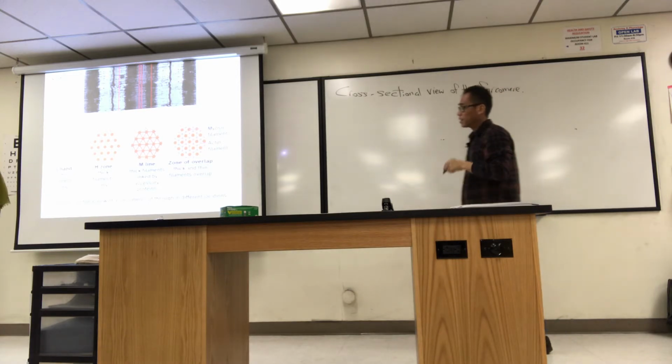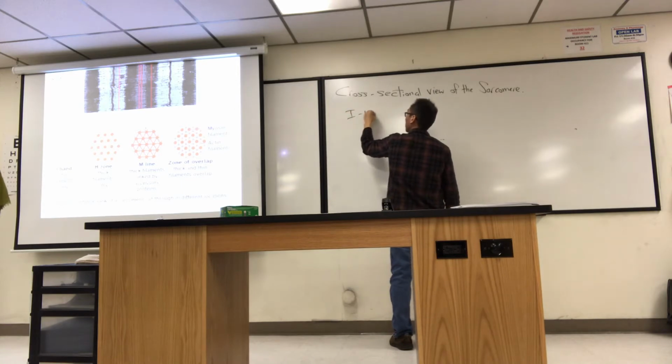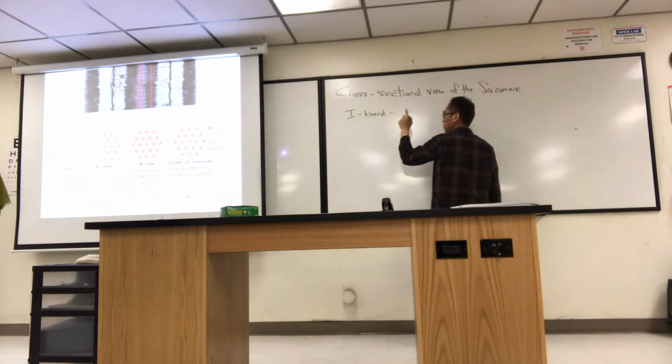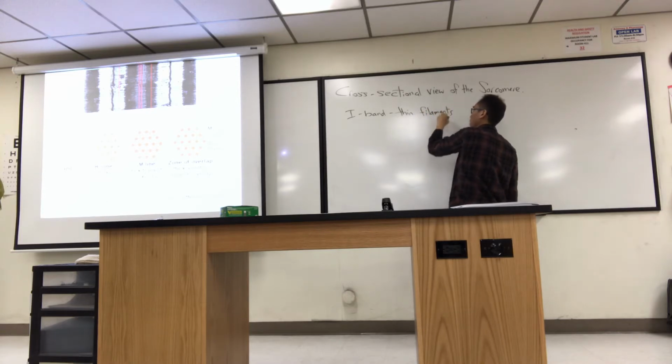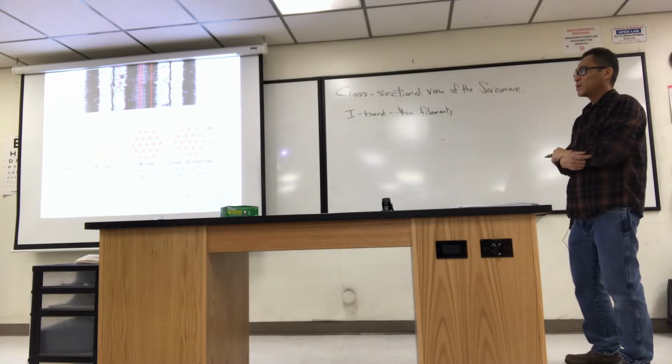So if you cut in the I band, you only see the thin filaments. That's what you see in the far left there. That's what you're expected to know. The I band is the light band, but you have thin filaments.